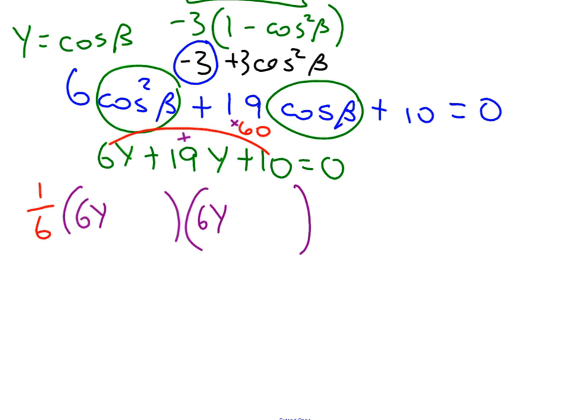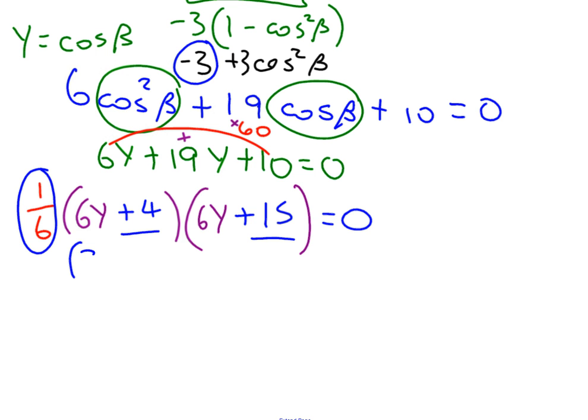So I'm going to rectify that by putting a 1 over 6. Now our numbers that we're going to find just go here and here, and multiply to 60, add to 19. I reckon that 4 and 15 are going to do the trick. Now I have to complete my method by dividing by 6 through the brackets.